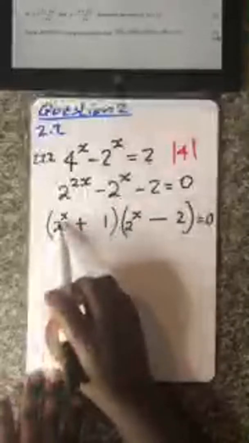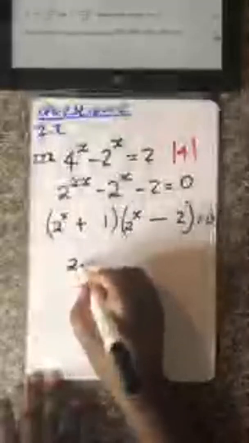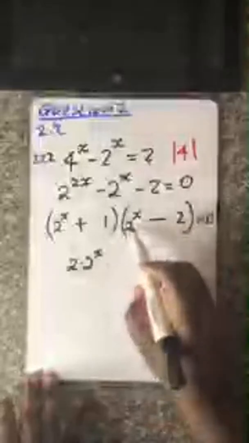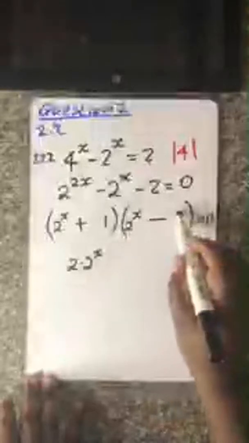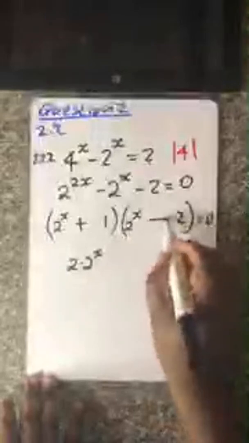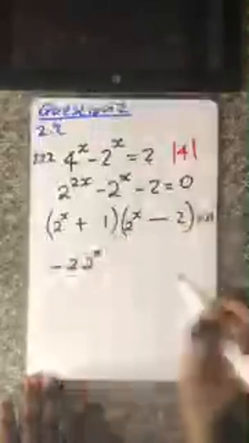For you to get that middle term, you multiply this by this and this by that. So that means you'll have 2 multiplied by 2 to the exponent x, and then this multiplied by that. I forgot something, guys. It should be a negative. Remember, this is that negative, so it should be negative 2.